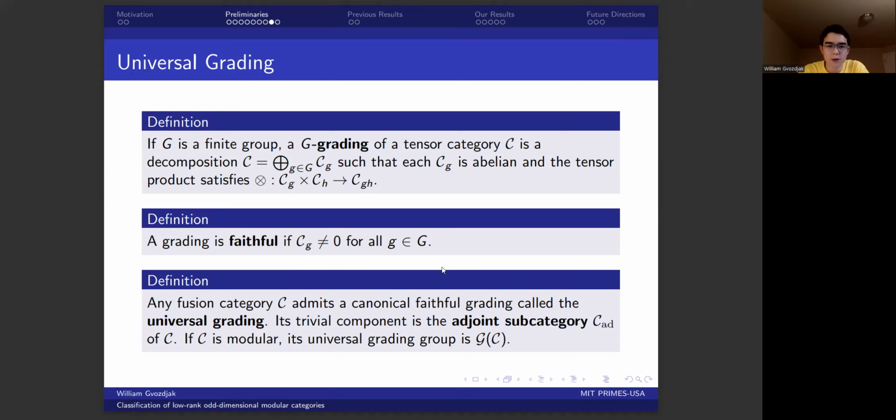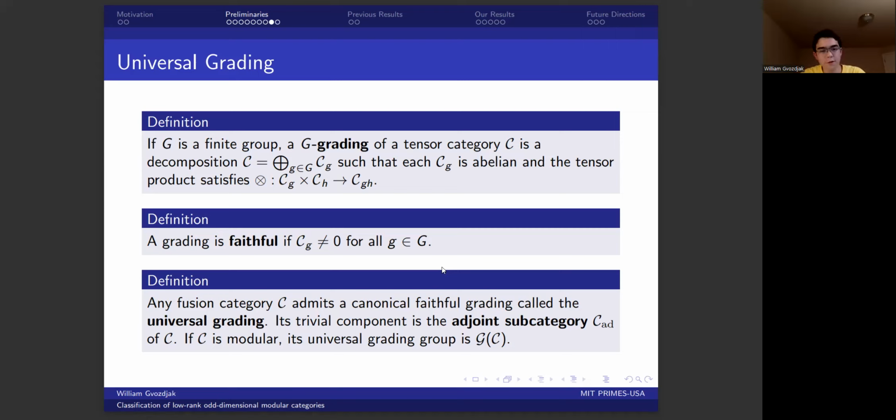One thing to note is that these two conditions do also imply that our unit object 1 is inside of C sub E, the component of our tensor category that corresponds to the identity object E inside of our group, and also the dualizing functor maps a component C sub G to the component C sub G inverse. So the dualizing functor also works really well with our G grading.